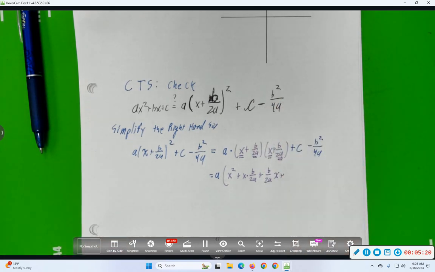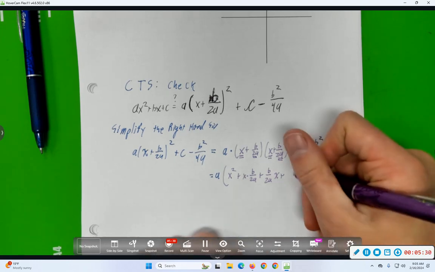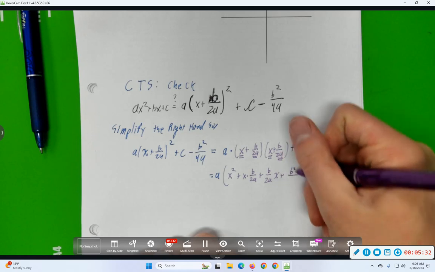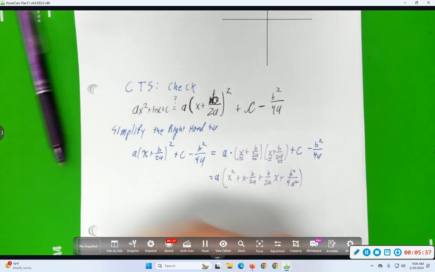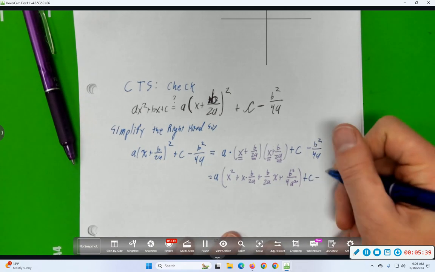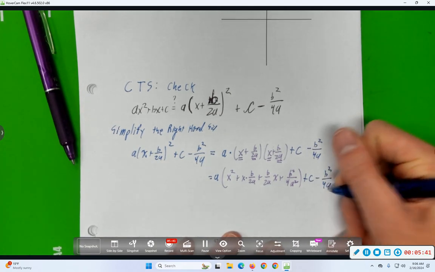Fraction multiplied by itself. Multiplying fractions is easy. You just multiply the numerators and multiply the denominators. It's addition that's hard with fractions. B squared over 2 times 2 is 4a squared, plus c minus b squared over 4a.